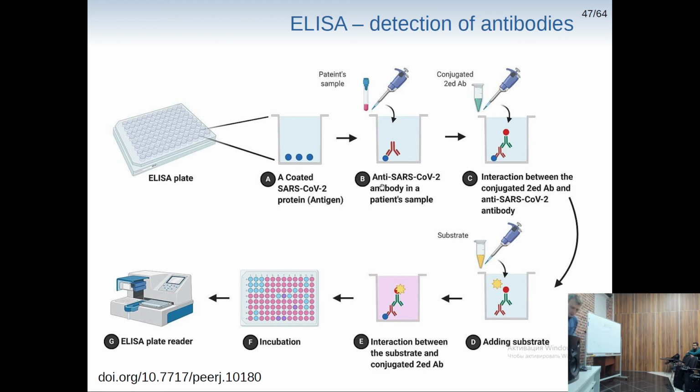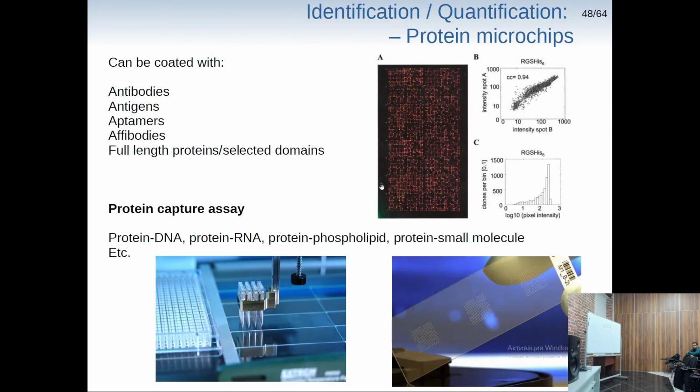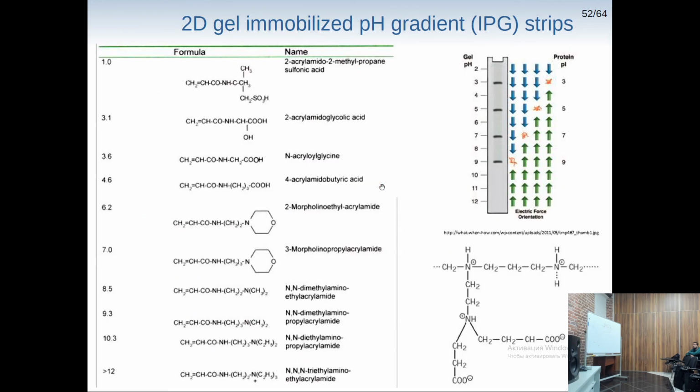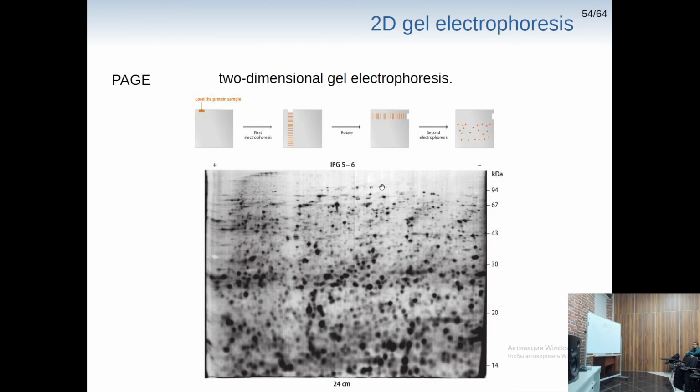Unfortunately, today I'm almost out of time, so protein chips and 2D electrophoresis, which is mostly used today and allows you to see as many proteins as possible on the same gel, will be covered next time. If you have any questions, please ask them. If not, friends, thanks for your attention.